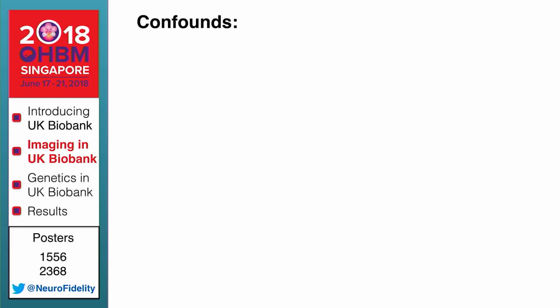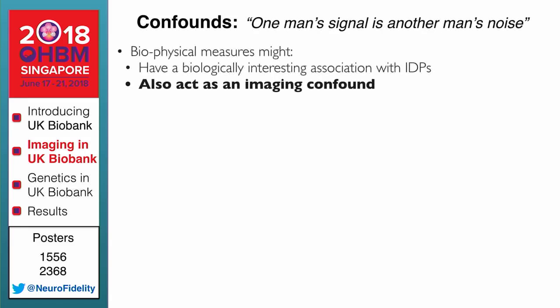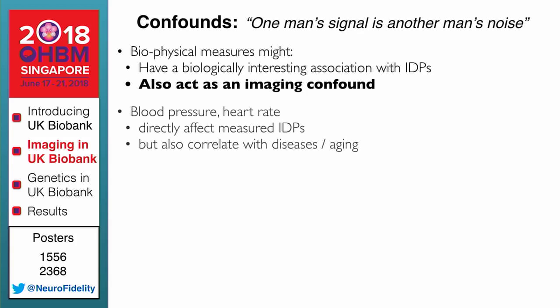The first idea that is important to have in mind is that one man's signal is another man's noise. What does it mean? That, for example, some biophysical measures may be confounds for IDPs, but also be very interesting for some studies.